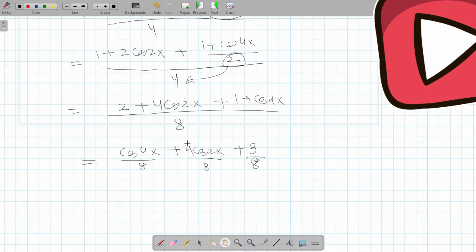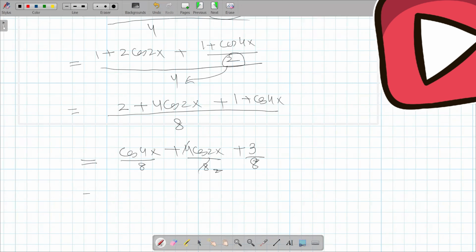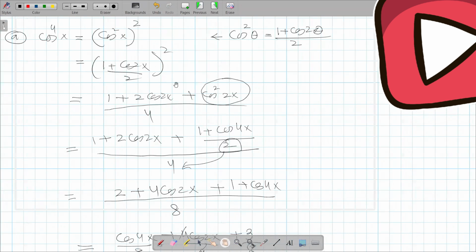So this will be cos 4x divided by 8 plus cos 2x divided by 2 plus 3 over 8. Proved. This was the right hand side, you can see.